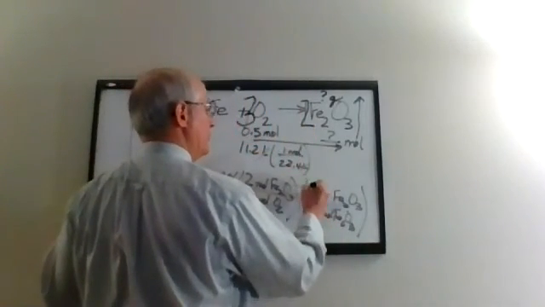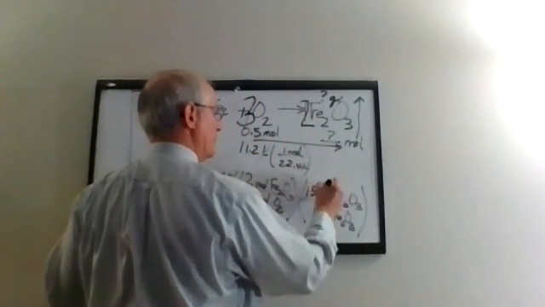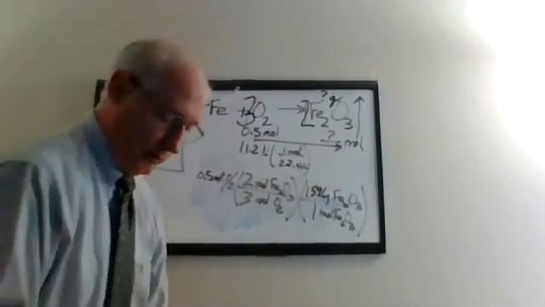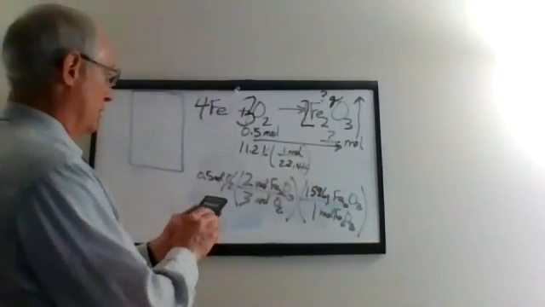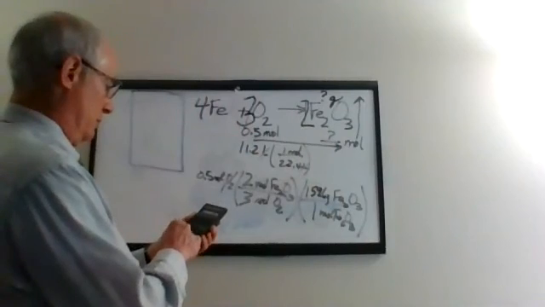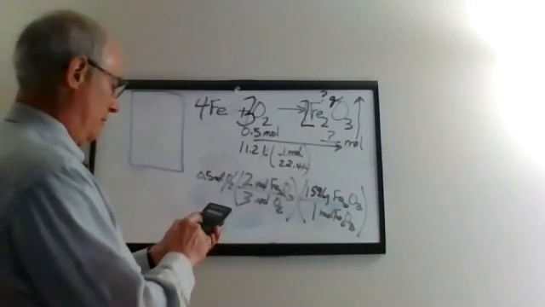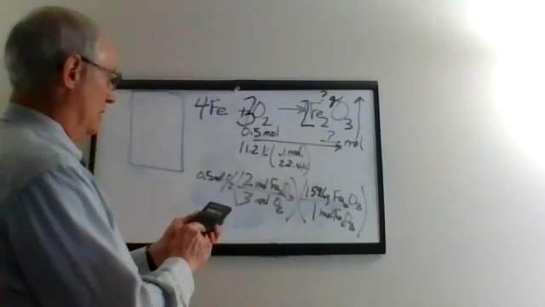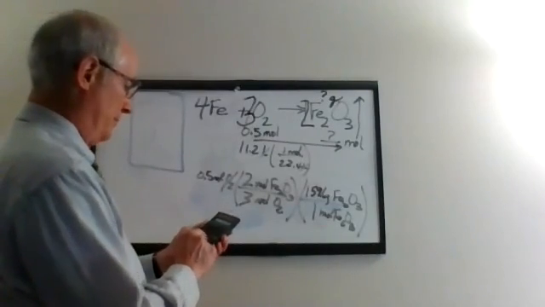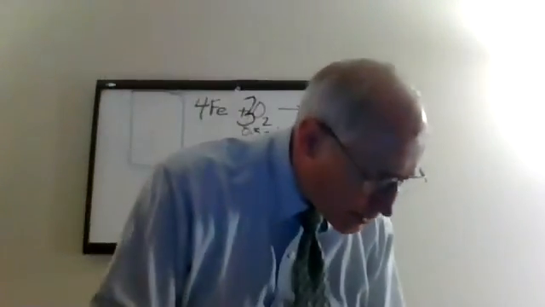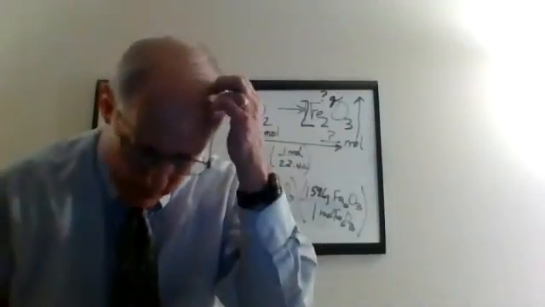Let's call it 159.6. Okay? So now let's go with that number times 2, and multiplying backwards, times 0.5 divided by 3. And I get 53.2, and 53 grams is the answer.